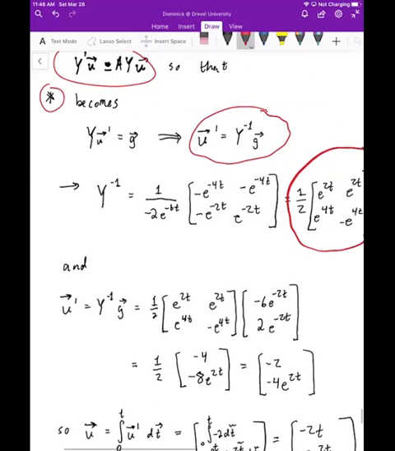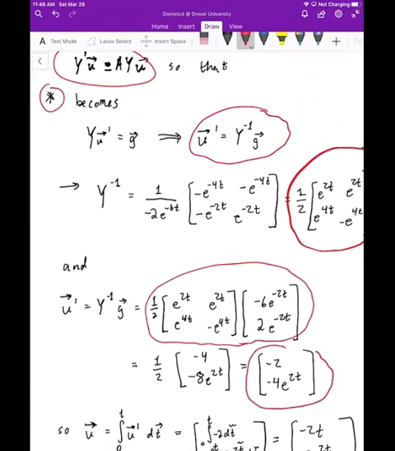So now if you multiply y inverse times g, we're finding this calculation here, which you can eventually show is negative 2 and then negative 4 e to the 2t. And that gave us u prime.